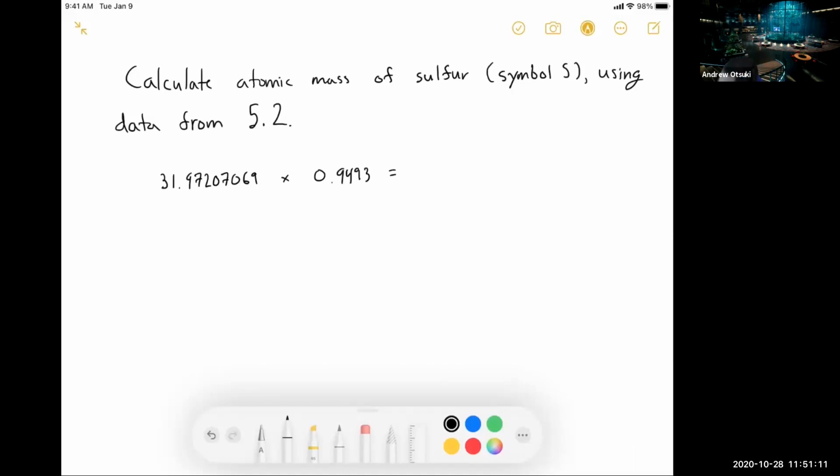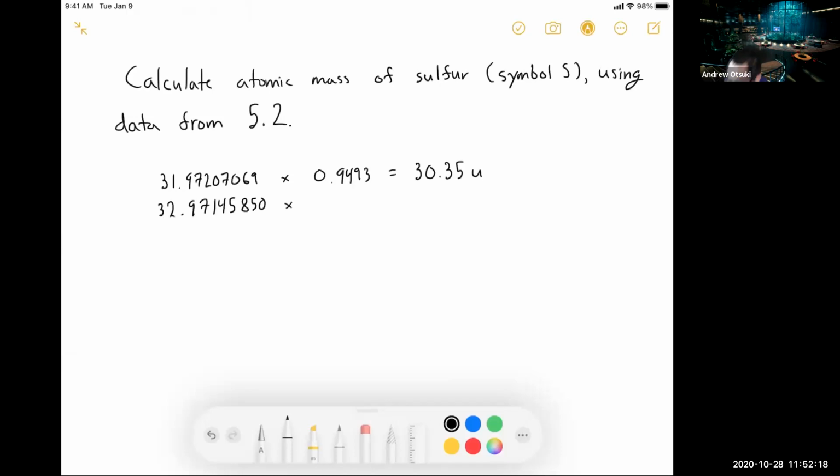It's important you always try to convert these to percentages. Otherwise, you'll have to remember to divide your final answer by 100. So 30.35 U. Okay, that's the first one. So you're just going to do this for all the isotopes.